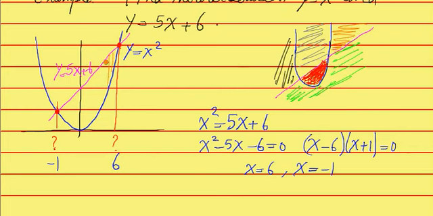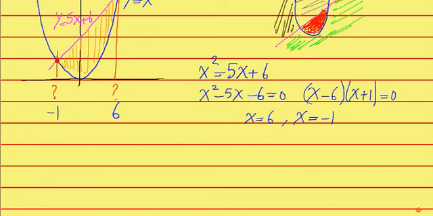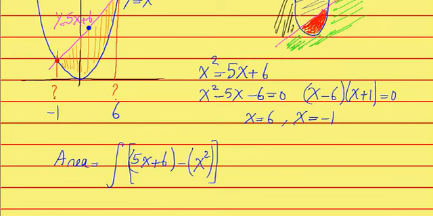The area we are after is this area. It's better to cut this up in a vertical fashion, and we are going to write the area is equal to the top, we write the top first, 5x plus 6 minus the bottom. This whole thing is going to be like the height of one of these rectangles.